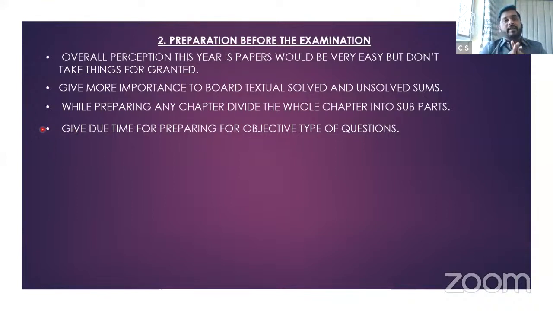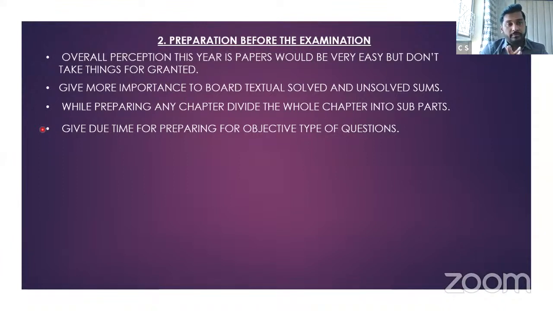Now this is the weak area which we don't attend to. This particular part can be done through board textbook or any other reference book, but objectives need to be studied. No student gives separate time for reading the objectives of bookkeeping. They assume that things would be very easy, and I tell you, in the computer accounting chapter there will be one objective which will be compulsory.